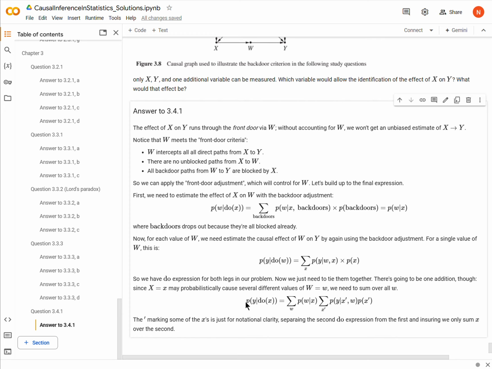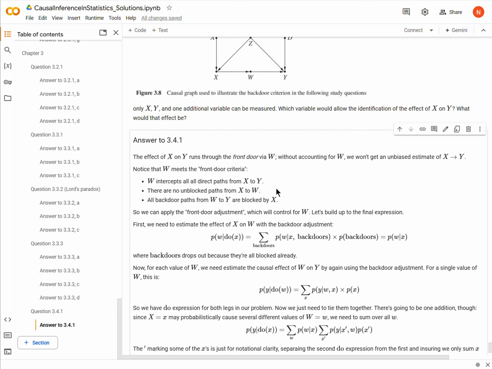So that is our final expression for the front door adjustment that gives us the probability of y do x.